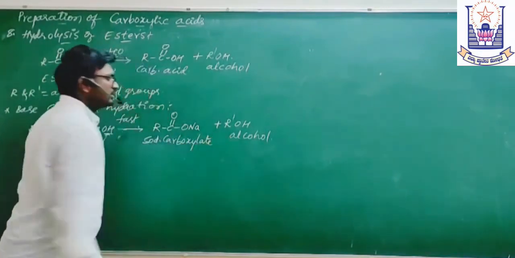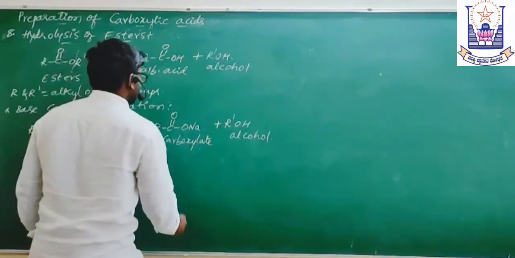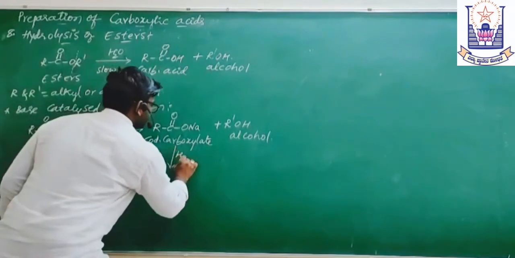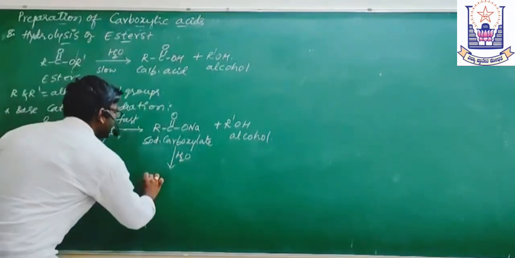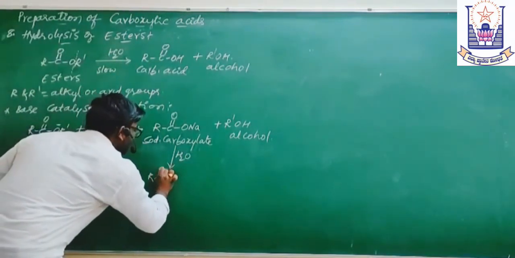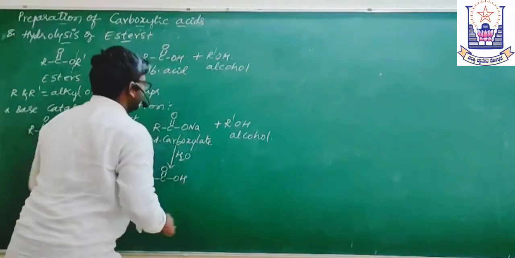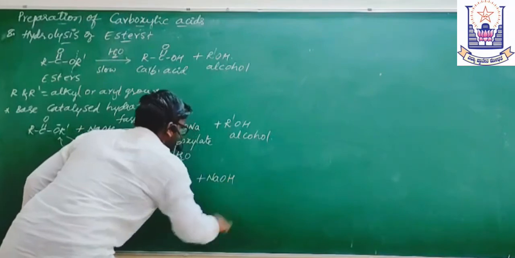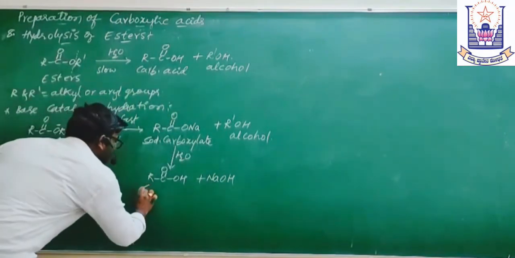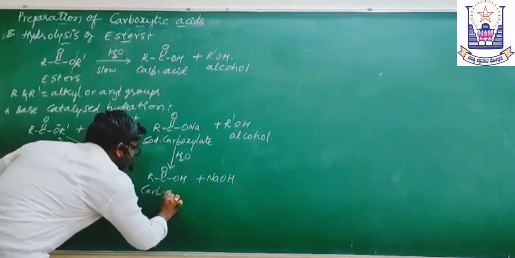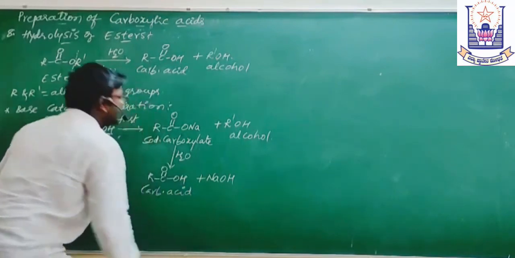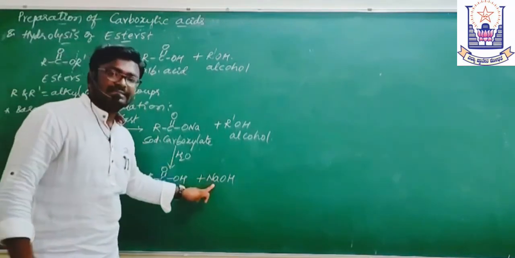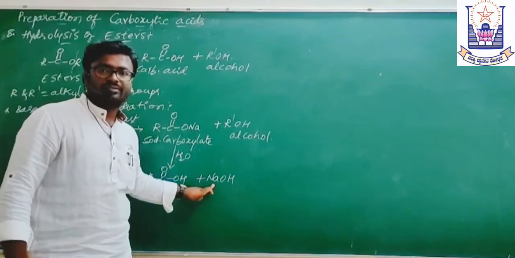When sodium carboxylate is hydrolyzed, you will get RCOOH plus NaOH. This is the carboxylic acid. NaOH is introduced here and it exits at the end of the reaction.